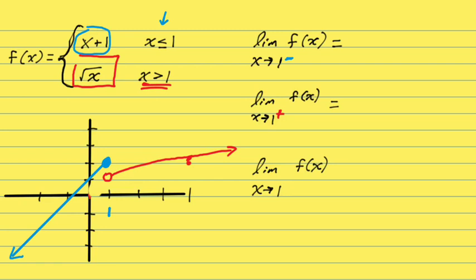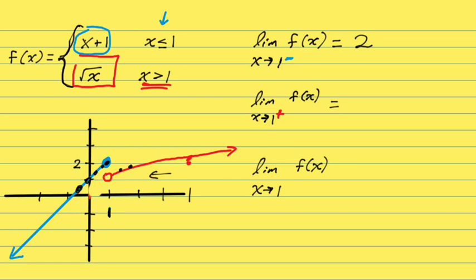Look at the blue ones for a moment, please. As I get closer to 1 from the left, what are these y values getting closer to? Would it be 2? The y value from the left is 2. How about if I approach from the right?